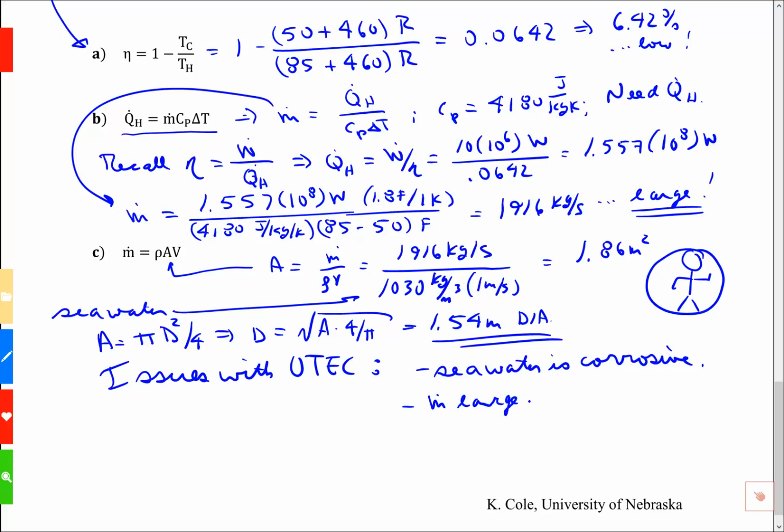The heat exchangers are going to be large. Everything's going to be large. Well, the capital cost is going to be large. It might not be prohibitive, but it's not going to be cheap.